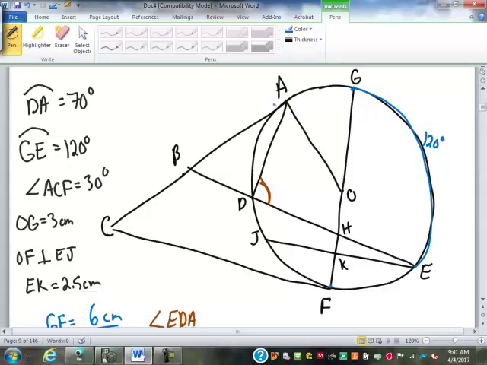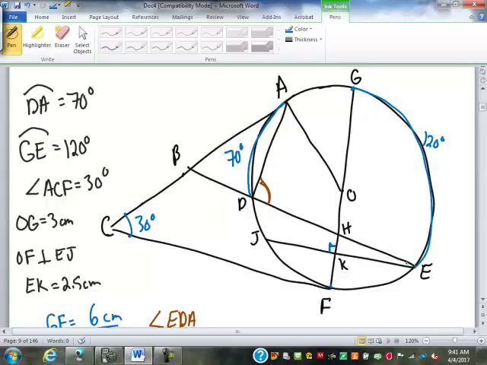DA here, 70 degrees. ACF, where's C? ACF is this right here, is 30 degrees. OG is 3. We said no, this is perpendicular here. And 2.5 is EK.